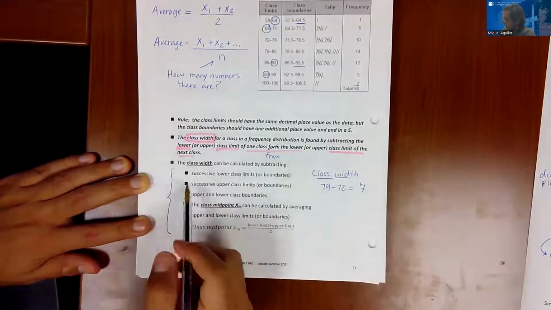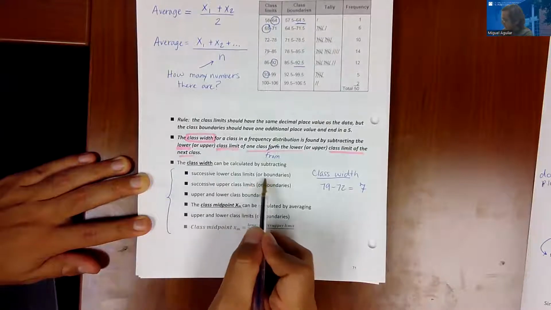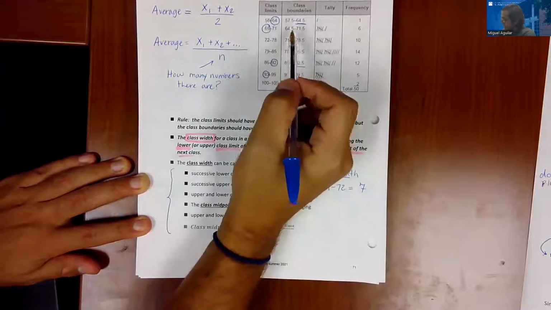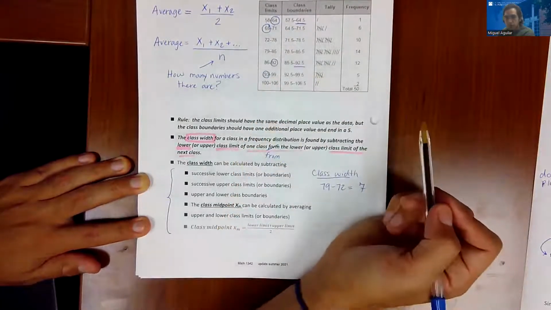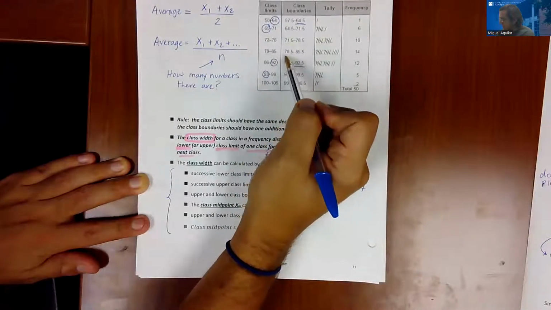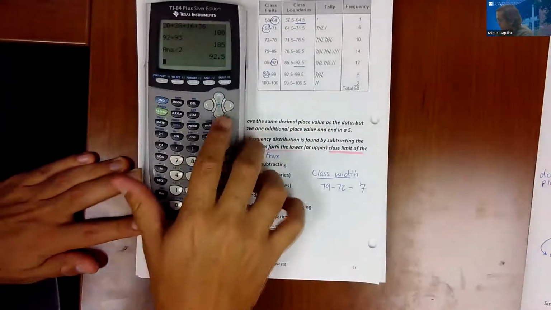But here, the workbook is saying we could do successive lower class limits or their boundaries, and we should get the same class width. If we look at the class boundaries and subtract these successive boundaries, maybe it's harder because they're decimal points. We could take 71.5 and subtract that from 78.5, but we should get that same value of 7.